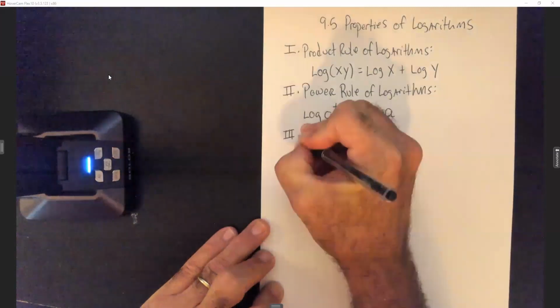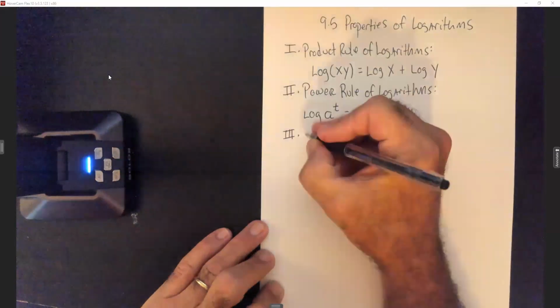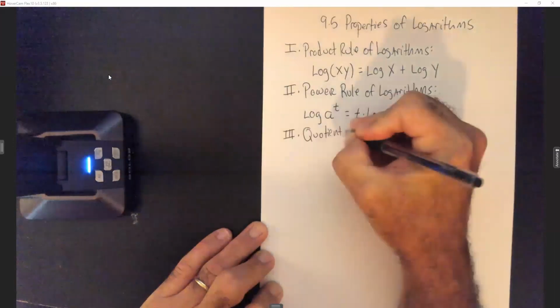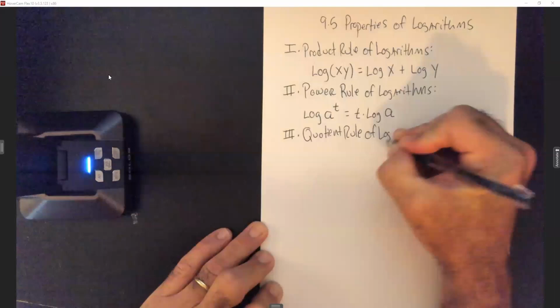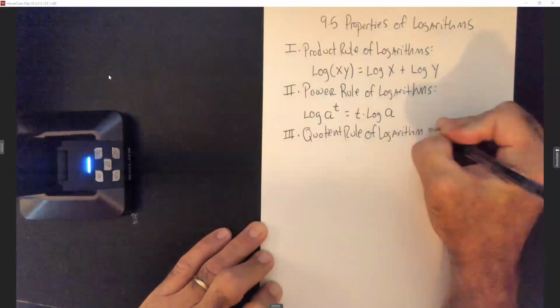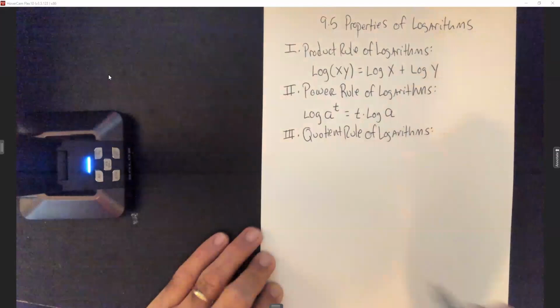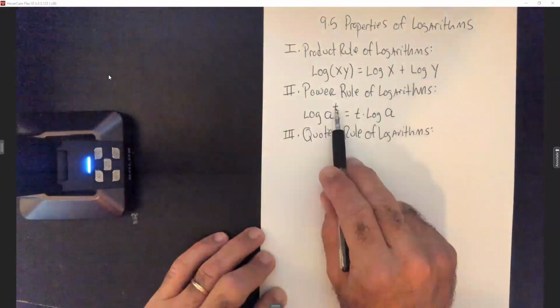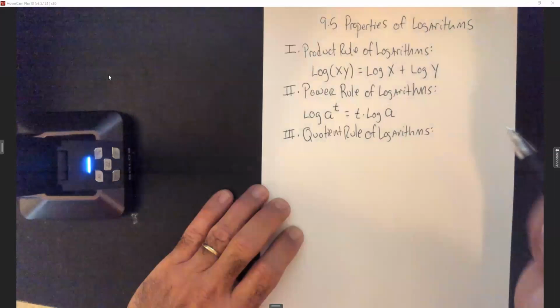And then a third main property would be what we call the quotient rule of logarithms. Could I ask what the t stands for? The t can represent any exponent sitting there. Let me show you an example of what this rule is saying.